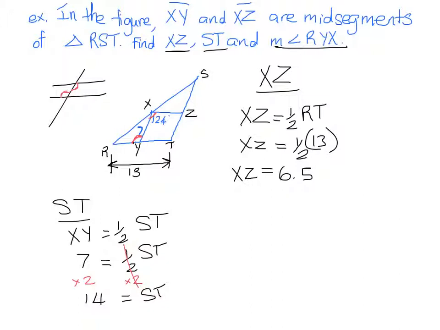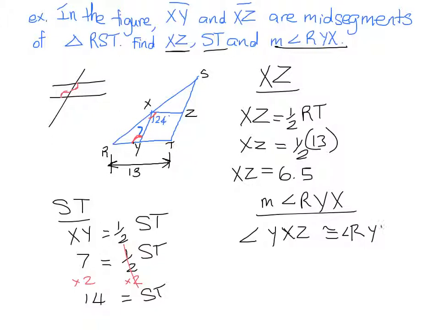So let's start writing here. In order to find angle RYX, we know that they're alternate interior angles, which means that they are equal in measure to each other. So angle YXZ is congruent to the angle we're looking for, RYX.